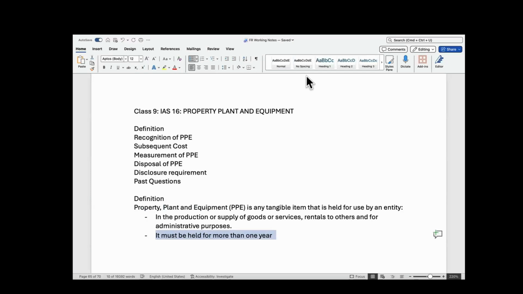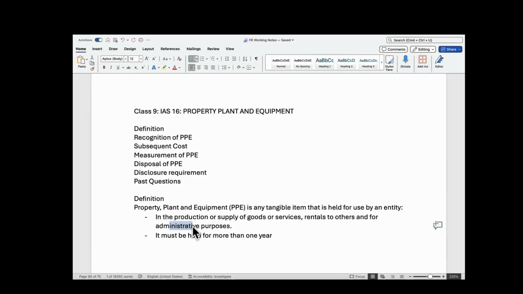There are numerous examples, a lot. The popular ones we know, in terms of production, we're talking about your heavy machinery or plants that you use in a factory, or your equipment. In terms of supply, you'll be talking about a motor vehicle or delivery van that you use to supply, or any item that you are holding to rent to other people, or for administrative purposes, whether your furniture, your air conditioner that makes your activities in your office possible, your laptop.